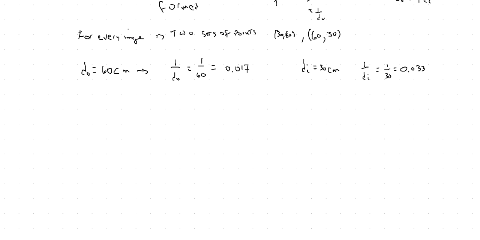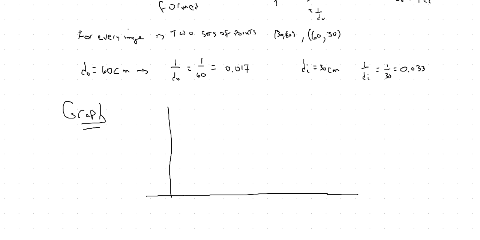Okay, now we're going to graph this stuff. And I think in lab, they've already made the markings for you. So I'm just going to do something like this. It doesn't matter which axis is which. I'll put this as 1 over DO, and this axis is going to be 1 over DI. So we just said 1 over DO is 0.017.